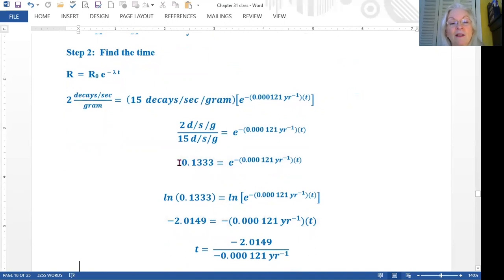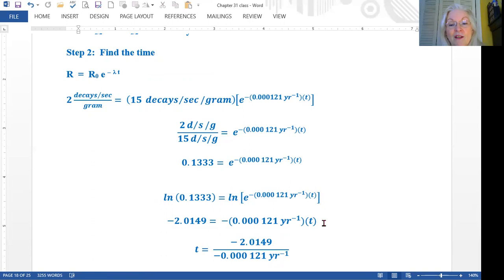And remember, to get rid of the e, we have to take the natural log of both sides. Natural log of both sides. So the natural log of 0.1333 is negative 2.0149. And the natural log of e raised to a power makes the e disappear, and the exponent just plops down. So negative 0.000121 years to the minus 1 multiplied by t.